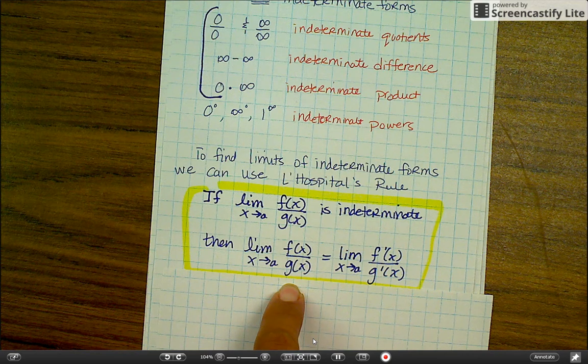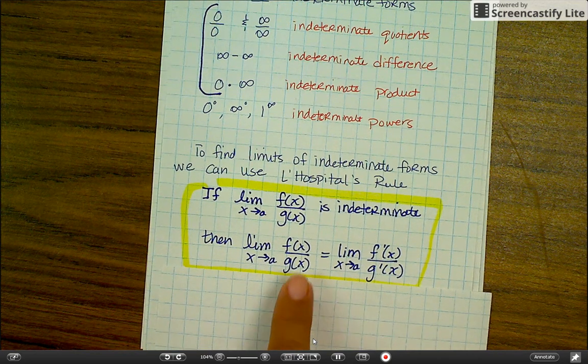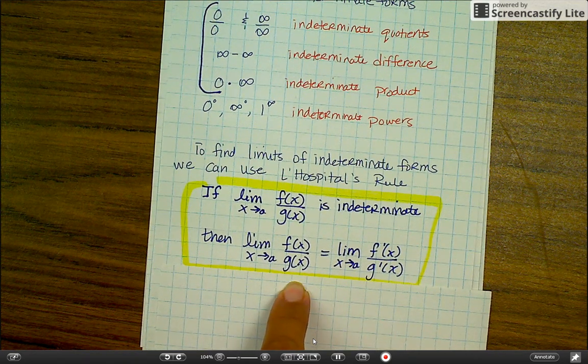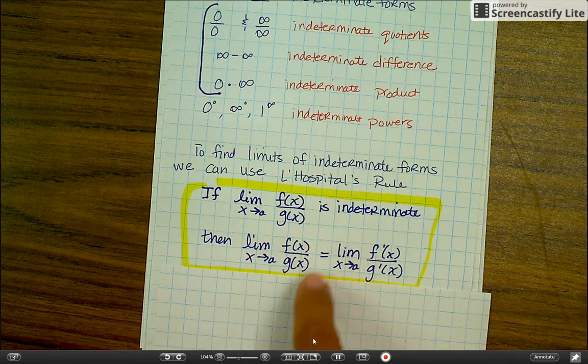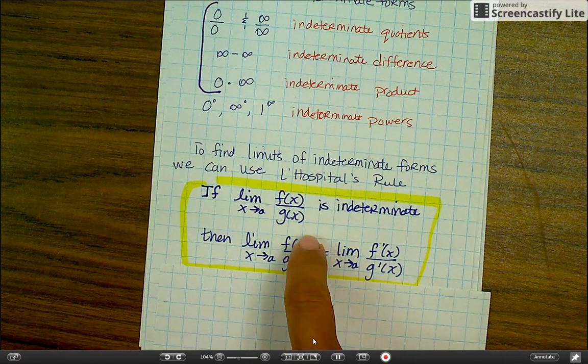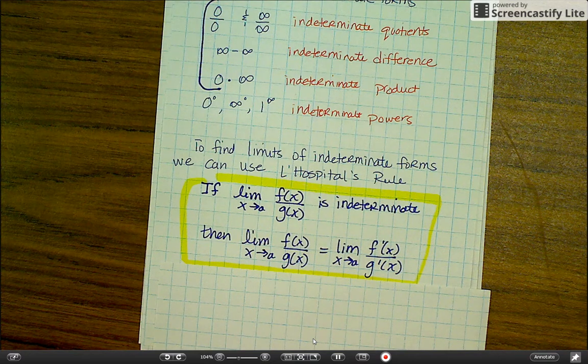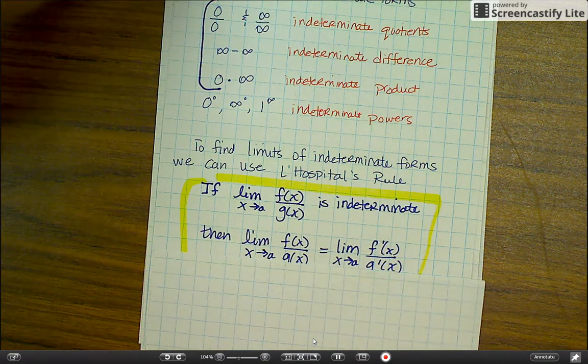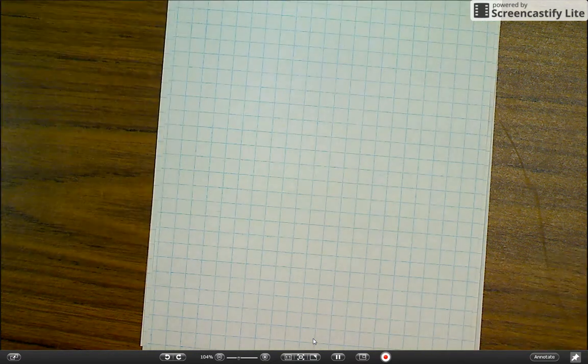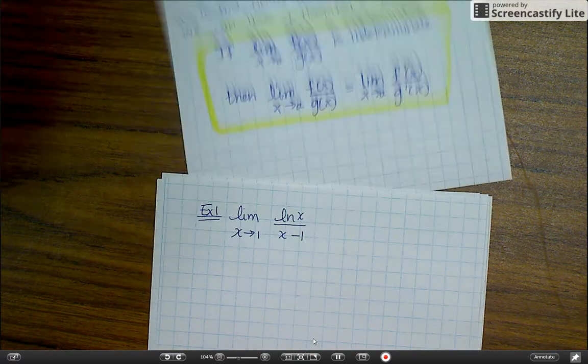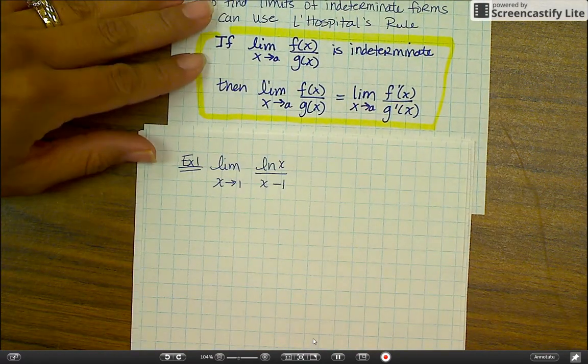Again, L'Hopital's rule can only be used if you have it in fraction form as a rational expression.